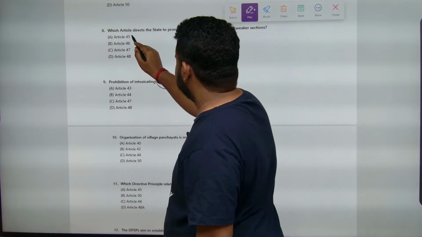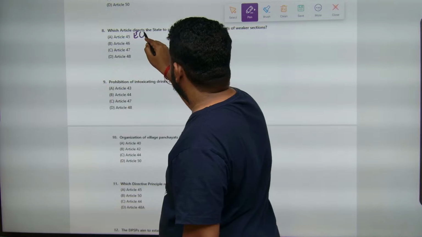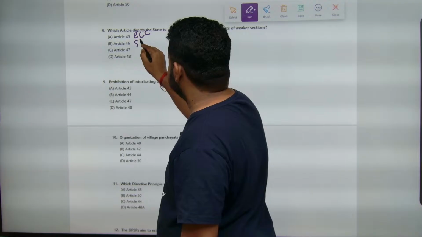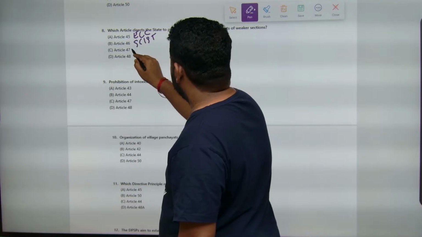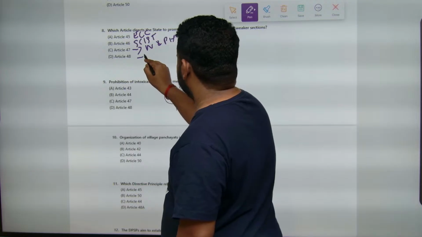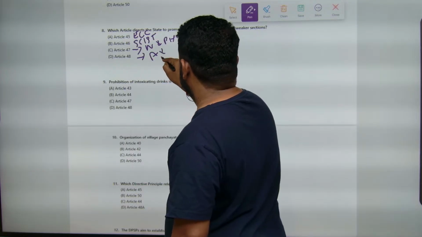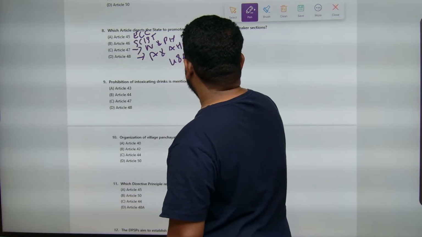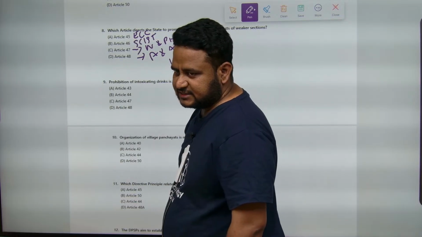So 45 is early childhood care. 46 is talking about SCST. 47 is nutrition and public health. 48 is what? Agriculture and animal husbandry. 48A is environment. That's it. So 46 is SCST.